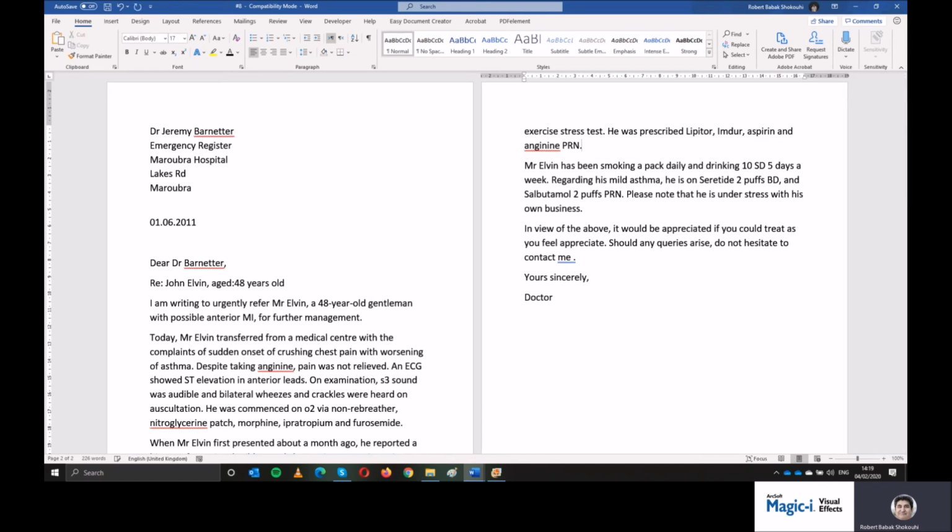Now, Mr. Elvin smokes a pack daily and drinks 10 standard drinks 5 days a week. Regarding his mild asthma, he is on Seretide and salbutamol, with which he is not compliant.